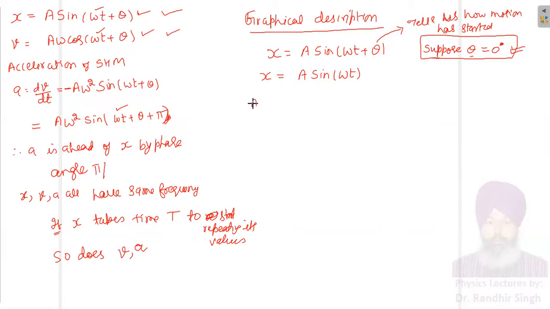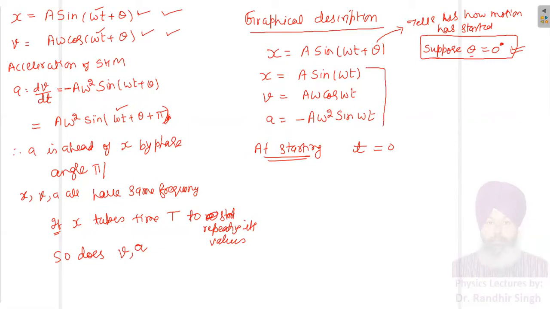So at the starting point, let me write down the complete equations. When theta is equal to 0, x will become a sine omega t, v will become a omega cos omega t, and a will become minus a omega square sine omega t. So let us see what happens at starting. At starting t is equal to 0.